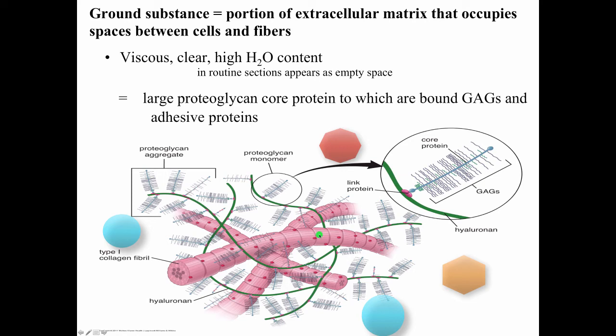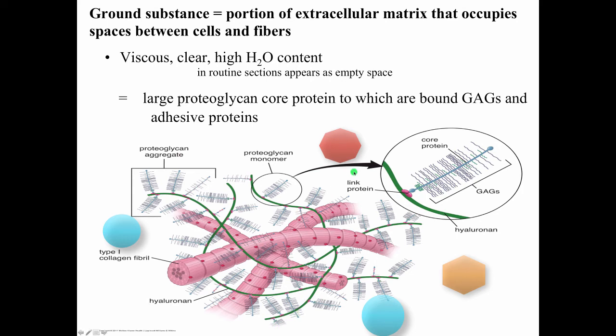The ground substance is usually a viscous substance. It's clear. It has a high water content. In routine histological sections, ground substance just appears as empty space. As you might imagine, the ground substance consists of large proteoglycan core molecules to which are bound various glycosaminoglycans and adhesive proteins.